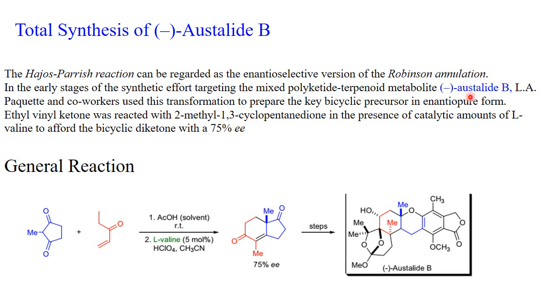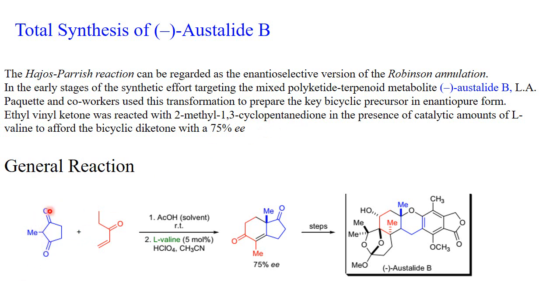It was used in the early stages of the synthetic effort targeting the mixed polyketide terpenoid metabolite acetaldehyde B. L.A. Paquette and his co-workers used this transformation to prepare the key bicyclic precursor in enantiopure form.